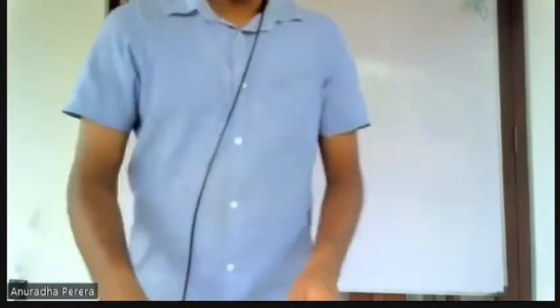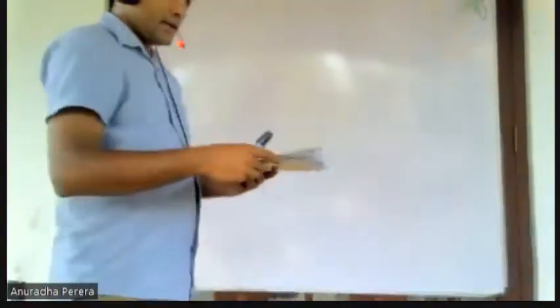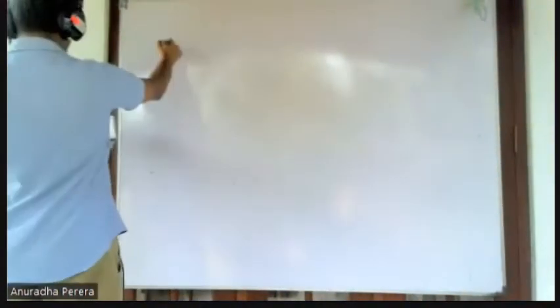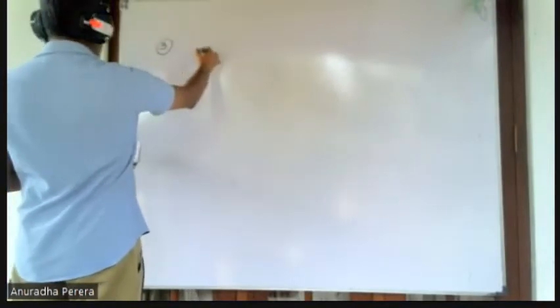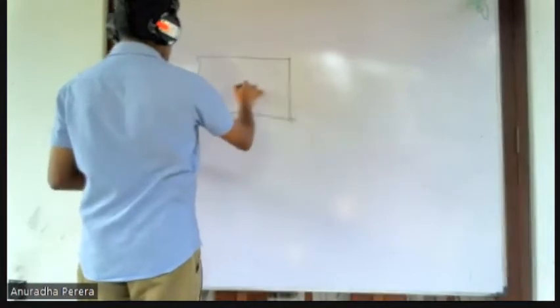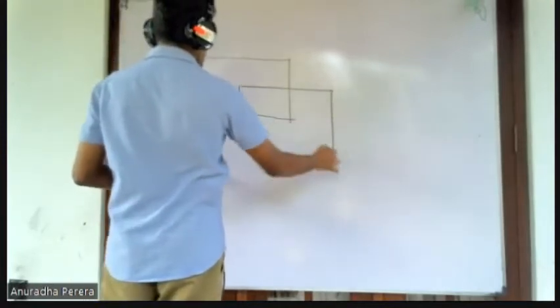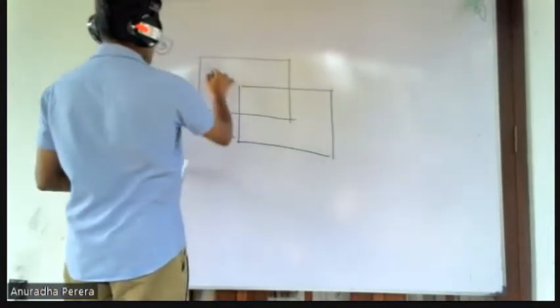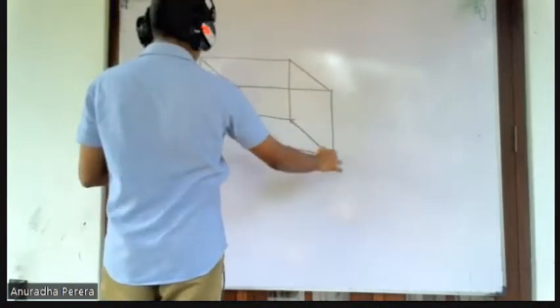Review exercise, third question. Page number 119. And this is a cuboid shaped container.